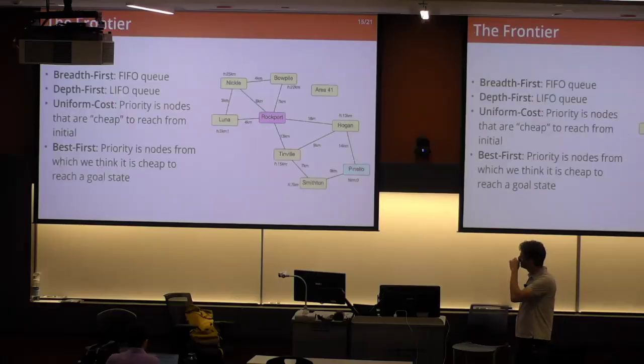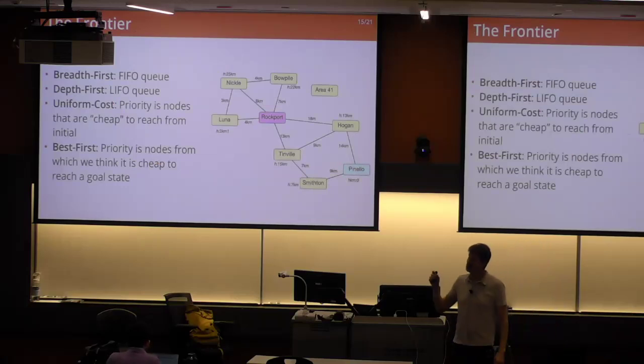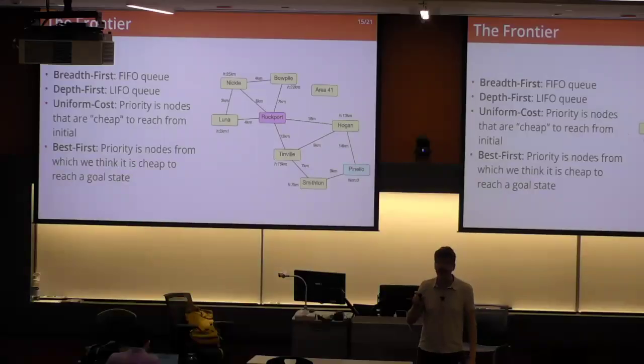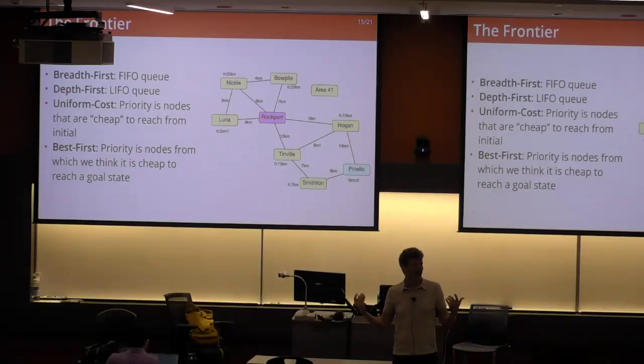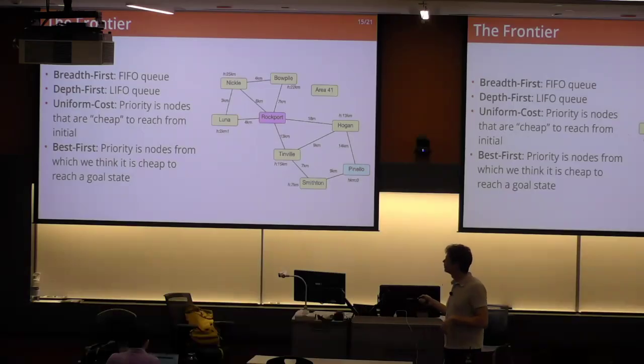So instead of doing greedy search, we're going to set up our frontier. The book talks about the frontier a lot. We talk about the stack and the queue and the priority queue where things are waiting to be expanded. That's what it refers to as the frontier. When we do breadth first, we're talking about a first in, first out queue.